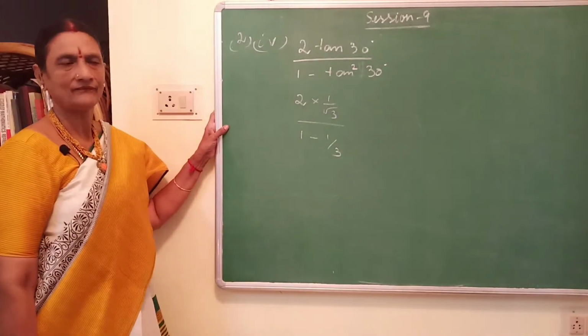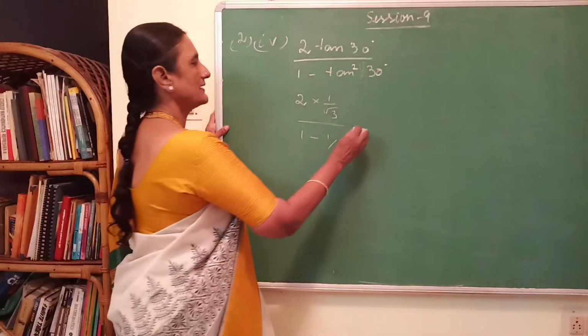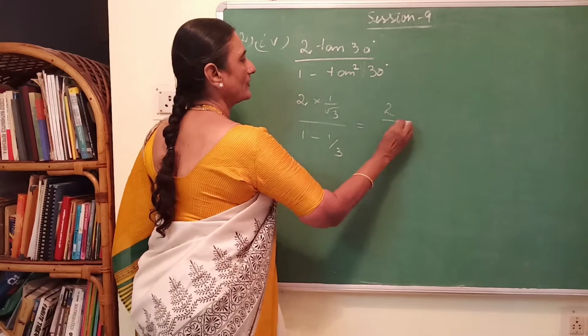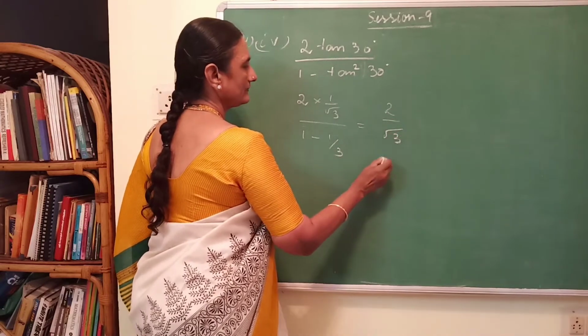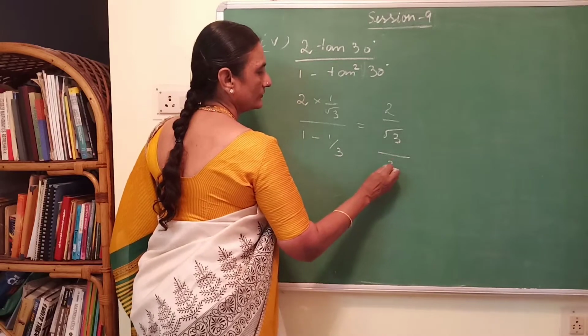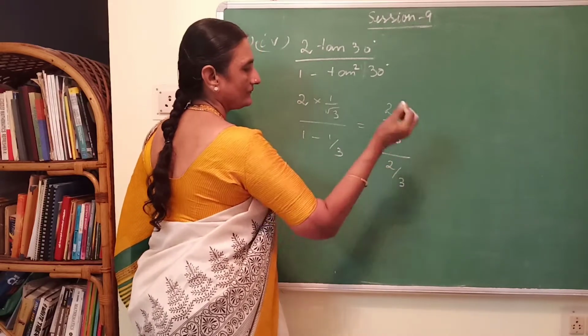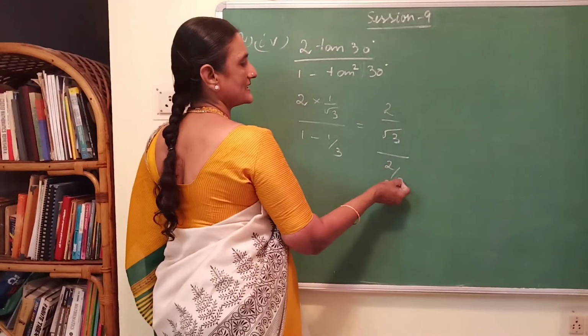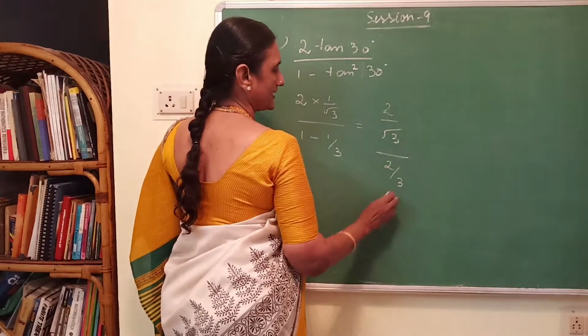Is it clear? Shall we simplify further? So this answer is 2 by root 3 and then divided by 3 minus 1 over 3. So that gives you 2 by 3. So the denominator will go to the numerator.